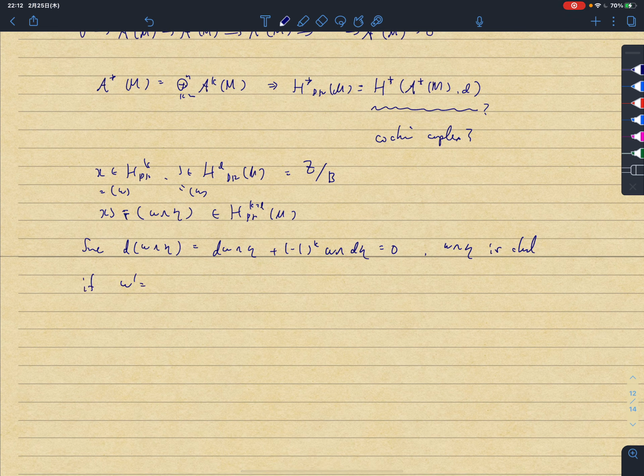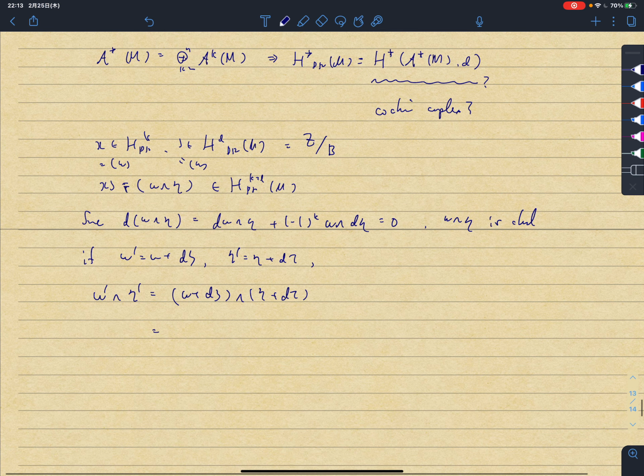If omega' equals omega plus d xi and eta' equals eta plus d tau, then omega' wedge eta' equals (omega plus d xi) wedge (eta plus d tau).